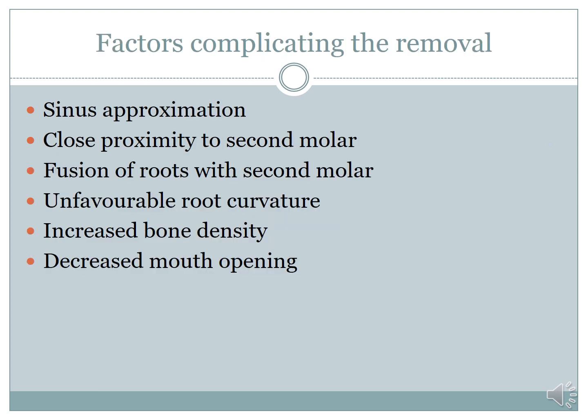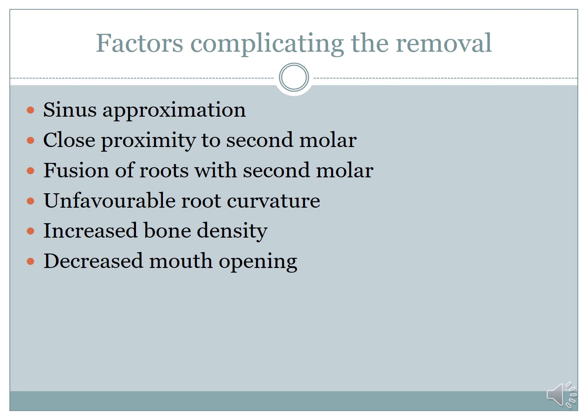So what are the factors complicating the removal? Of course, first, how close it is with the sinus, and then how close it is with the second molar. This is very important because this is something which differs from the mandibular third molar. As we do the guttering in the mandibular third molar and try to elevate it, the second molars will not come in interference.